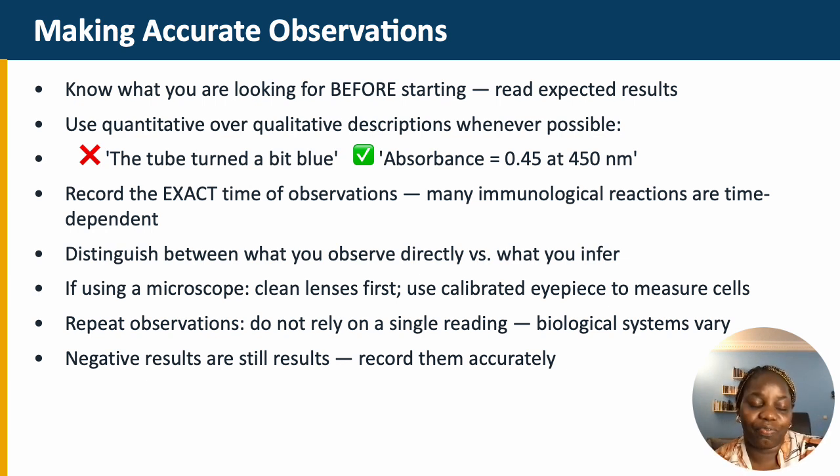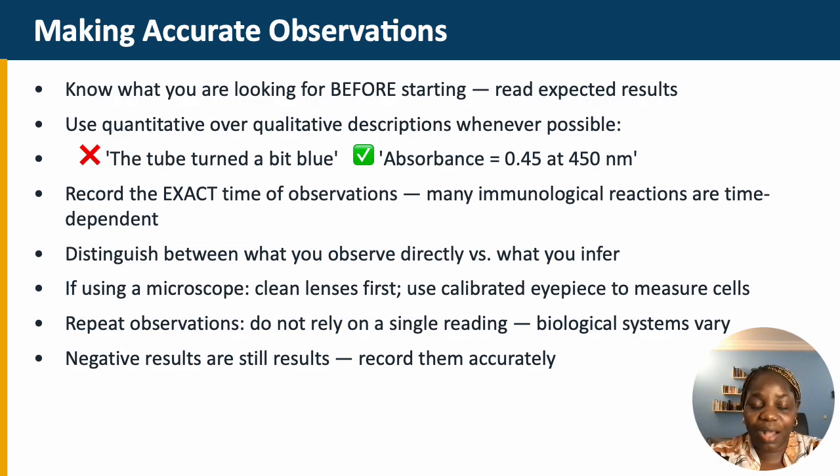It can prevent others from wasting their time and money, and it makes science progress also. So if there is no agglutination, that is still important information. Please just report that there is no agglutination. Don't try at all costs to have a positive result. This is not the aim of the practical session.